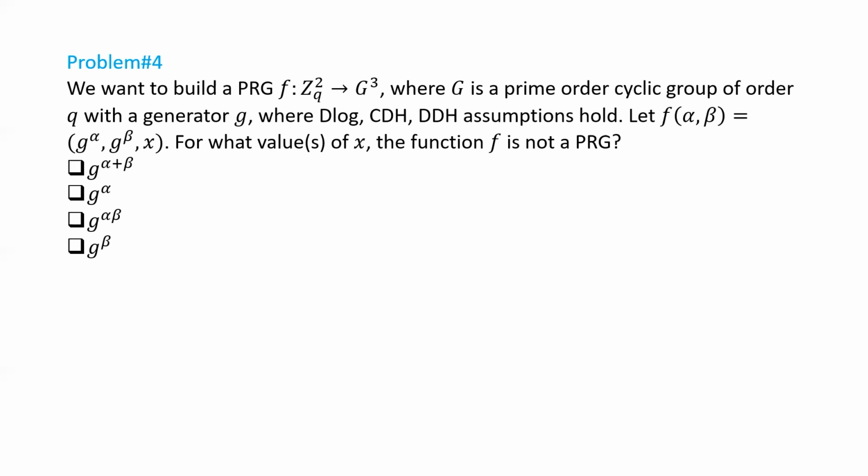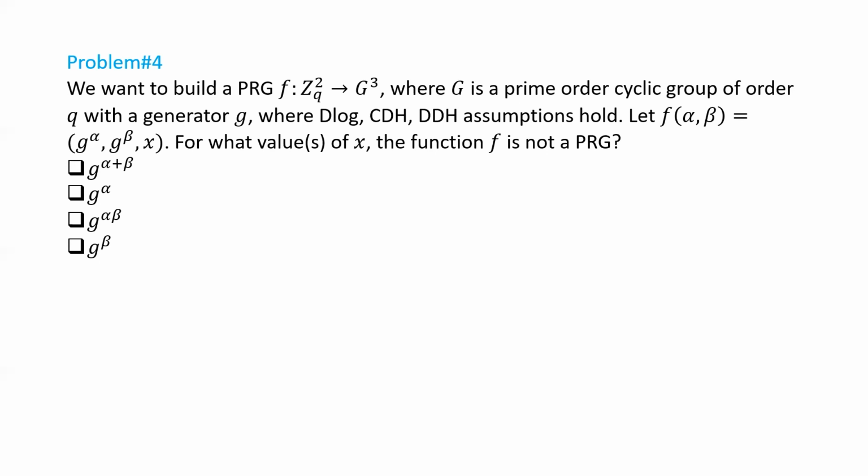Basically, although g to the power alpha beta actually returns a particular group element, and of course the set of elements in the group does not cover all the possible 0-1 strings in that output space, still, by seeing only a polynomial number of such samples, which come either from the PRG or from a truly random generator, you cannot actually distinguish the g to the power alpha beta string from a uniform random string of the same length, or a truly random string.